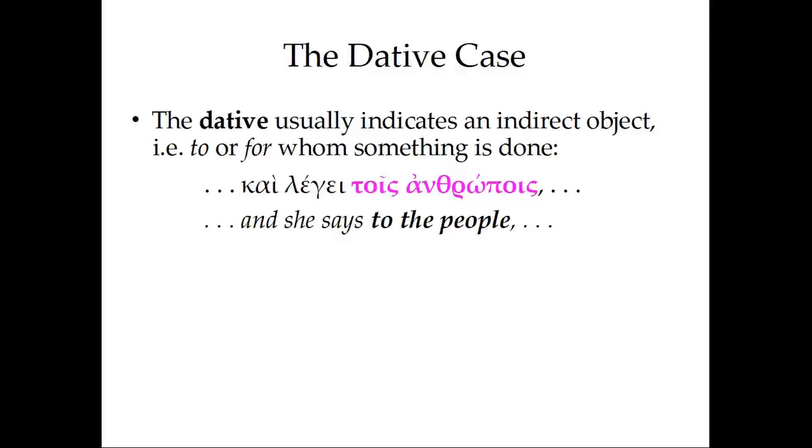We often use prepositions like to or for in English to capture the fact that we're talking about an indirect object, that is, to or for whom something is done. And that's the dative case. We'll see some further examples of it in the readings associated with this presentation.